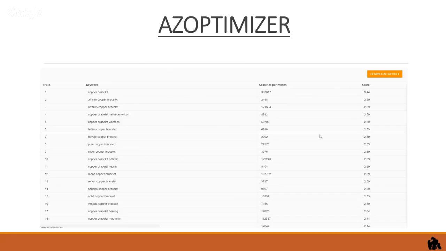Okay, so if I'm trying to win that in my advertising campaign, it's going to cost me quite a bit of money in order to win that, because there's so many people searching for it. If I come down here, we've got copper bracelet Native American. We've got 4,600. That may be interesting. Okay, so you really need to be looking through your keywords carefully to identify some golden keywords, I guess. Okay, so basically what this does, it just gives you all of these keywords. You can just download them and you've got them. No need to sit here thinking about it.